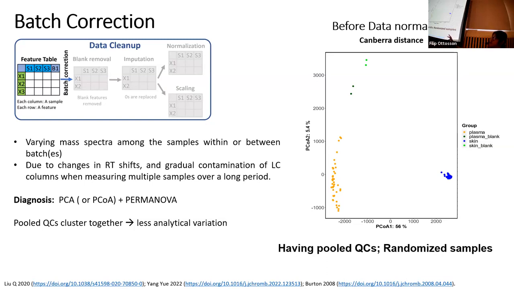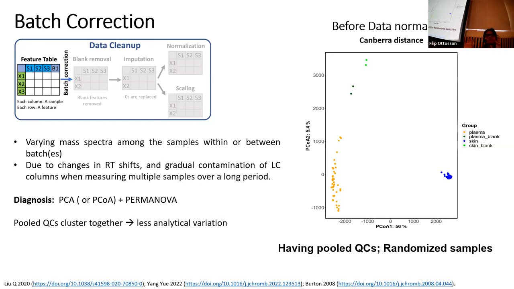Another way is that you could use a simple PCA or PCoA plot, which is principal component analysis or principal coordinate analysis. Along with it, you could also perform PERMANOVA to assess how much your batch effect is, and whether it is significant or not. I'm not going to go deep into that because Madeline will explain all those things in the multivariate session.